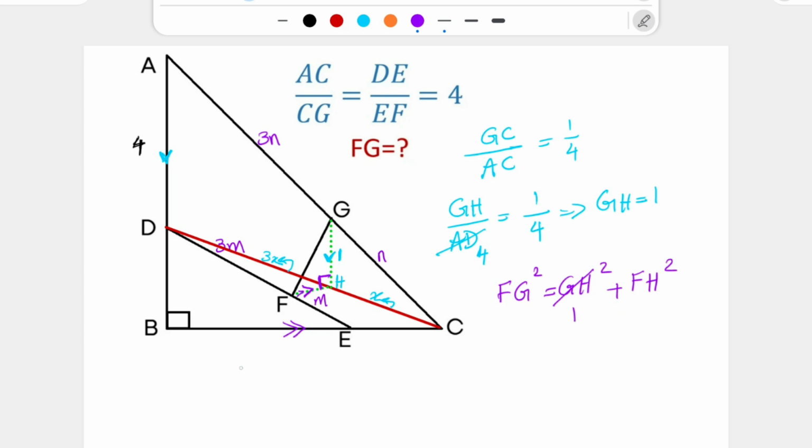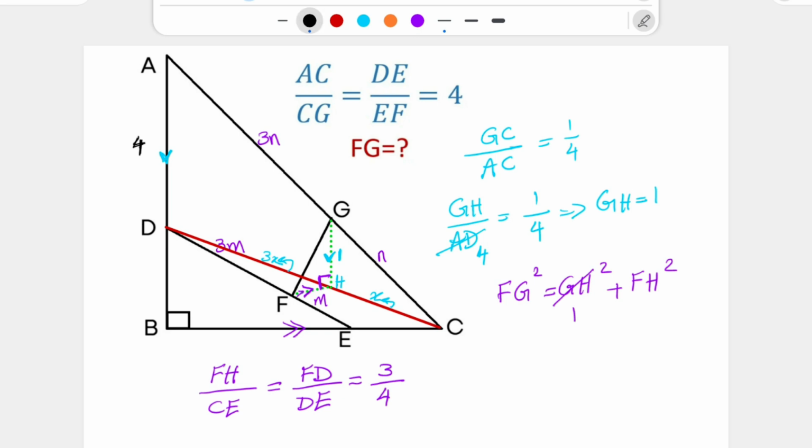Look, we can write, according to the theorem again, FH over CE is equal to FD over DE. And this is equal to 3 over 4.